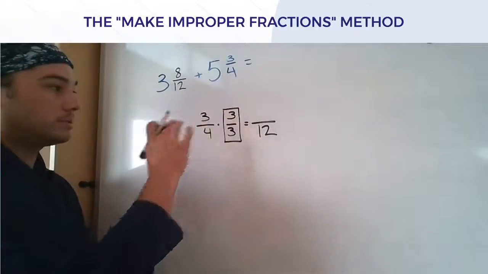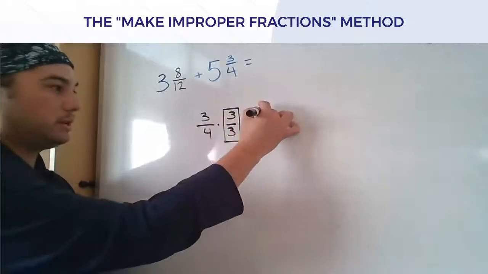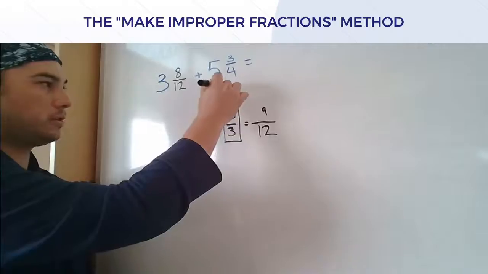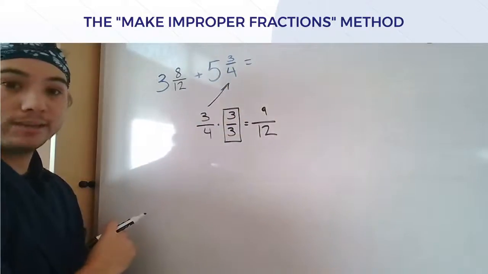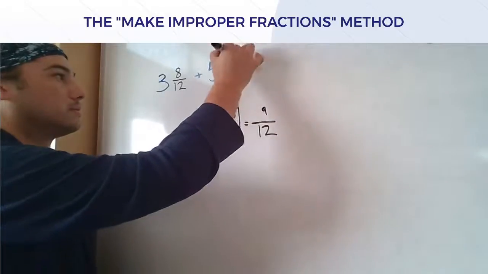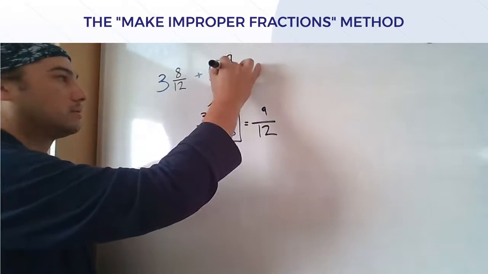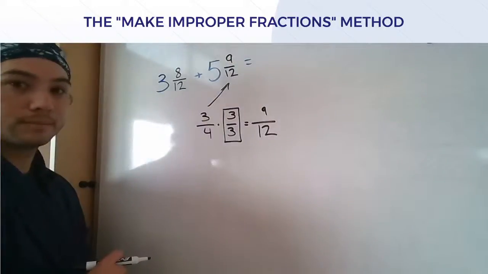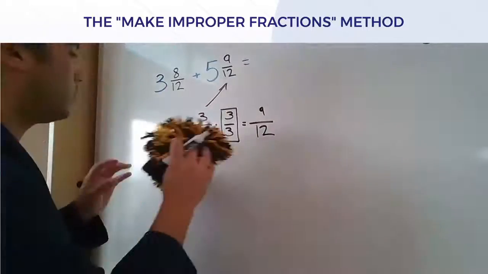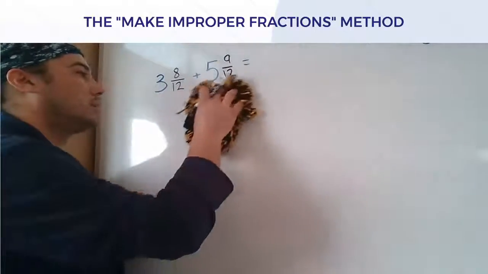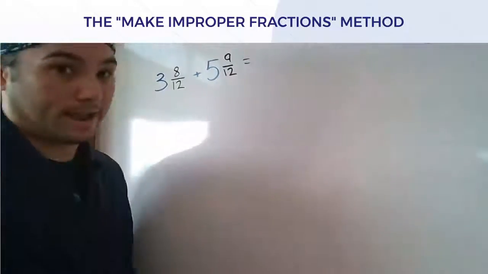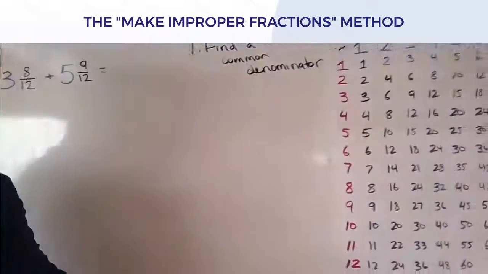Now, multiply the numerators. 3 times 3 is 9. So now we know this 3/4 is equivalent to 9 twelfths, so we can erase and replace. So now we've rewritten our equation, haven't changed anything, but we've rewritten our equation as 3 and 8 twelfths plus 5 and 9 twelfths. Now, step 2.